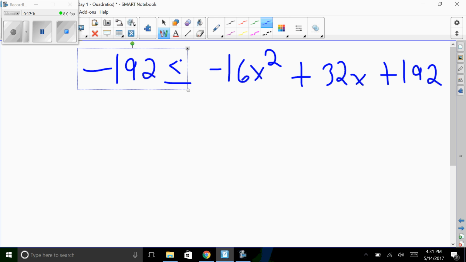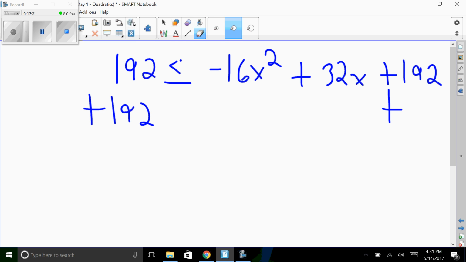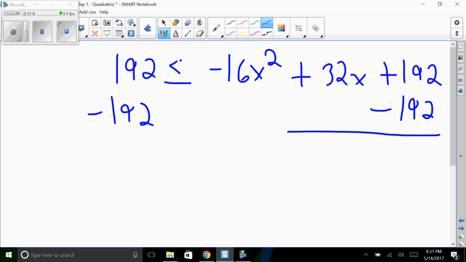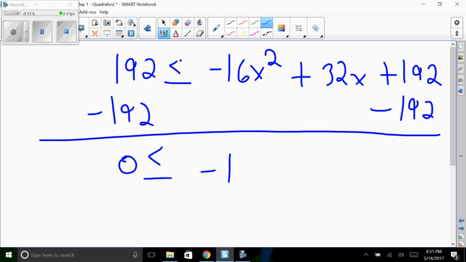We set it equal to 0 because we're going to have to factor it. Actually, this should have been a positive. So I'm going to subtract 192 from both sides. Zero less than.